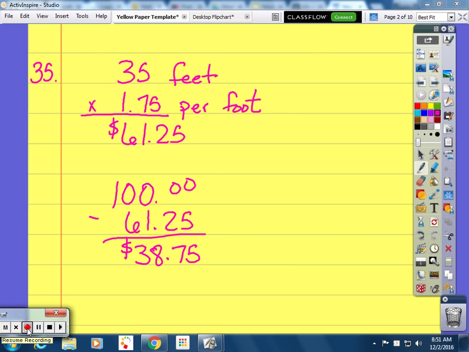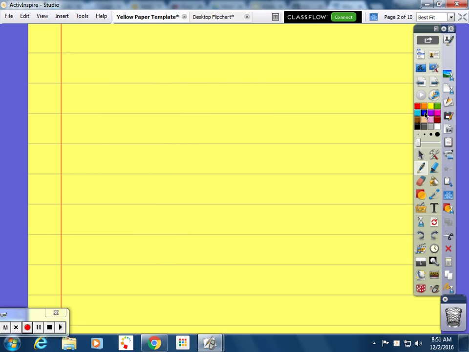Moving on to number 36. Number 36 says members of a baseball team raised $967.50 to go to a tournament. They rented a bus for $450 and budgeted $28.75 per player for meals. They will spend all the money they raised.